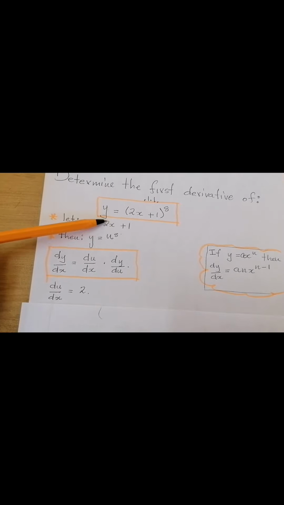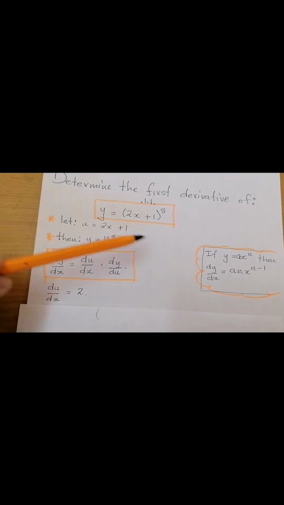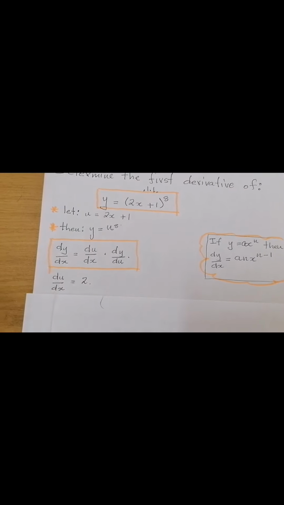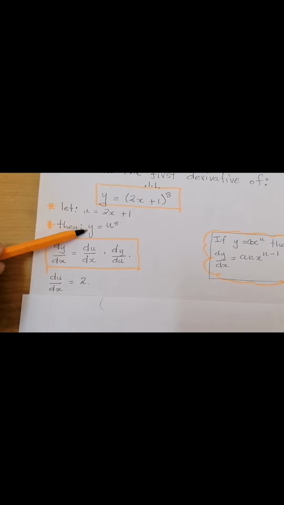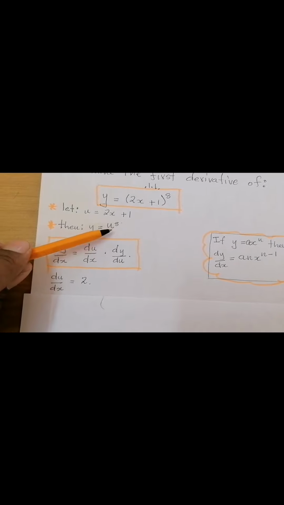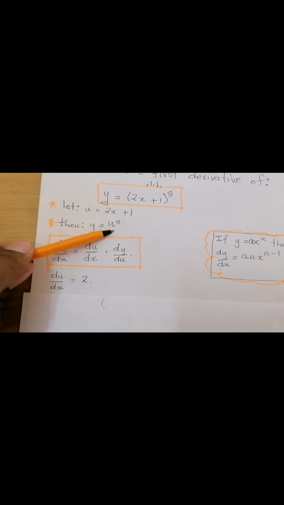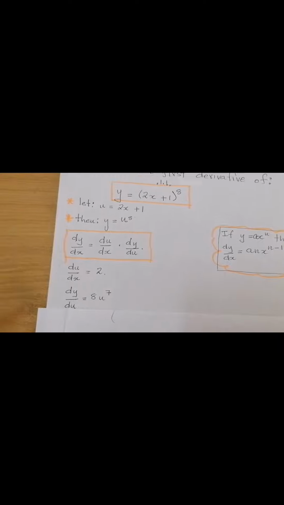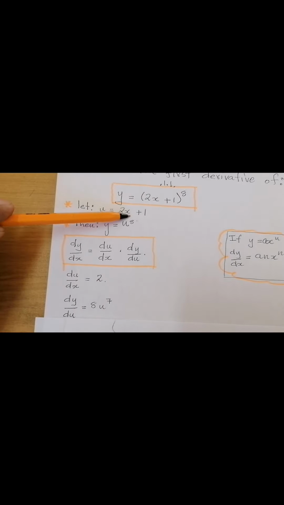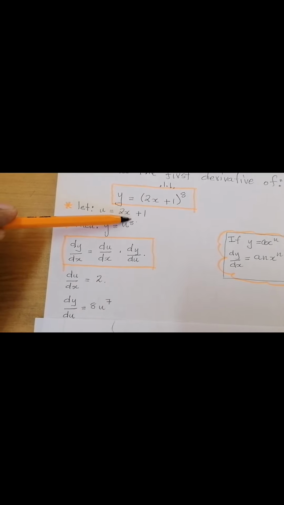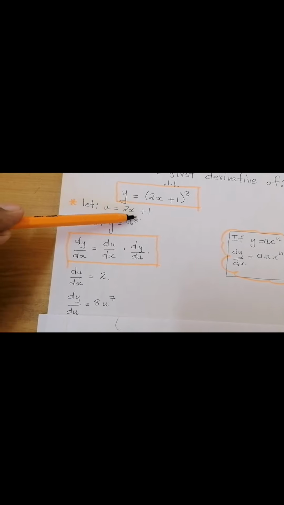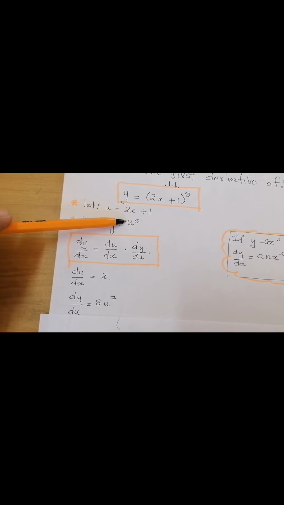I have now differentiated that. Now I'm moving on to differentiate the function y, which has the variable u. When I differentiate this, I multiply the exponent by the numerical coefficient of u, which is 1. 8 times 1 is 8.